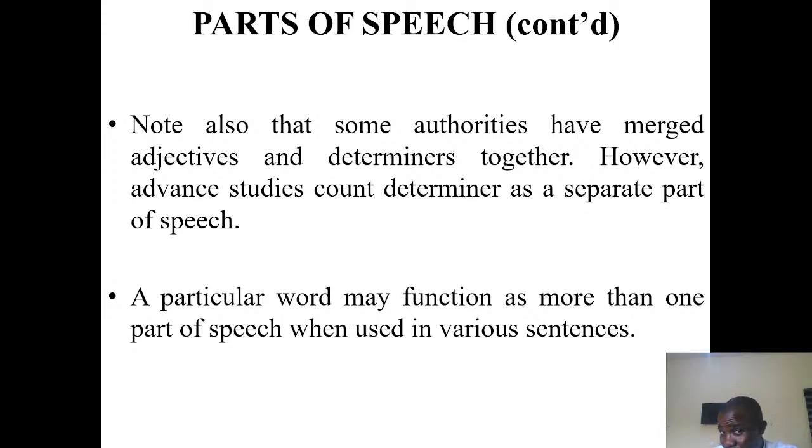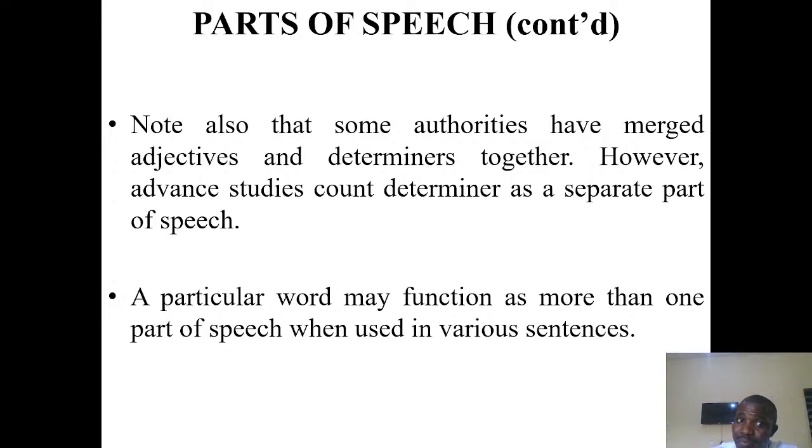Beautiful, beautifully. Beautiful is an adjective. Beautifully is an adverb. And beautiful is derived from a noun, beauty. So, adjectives can be derived. We can form other words from adjectives, and we can form adjectives from other words.